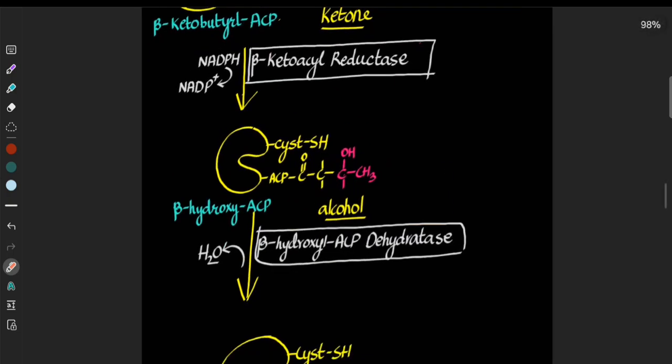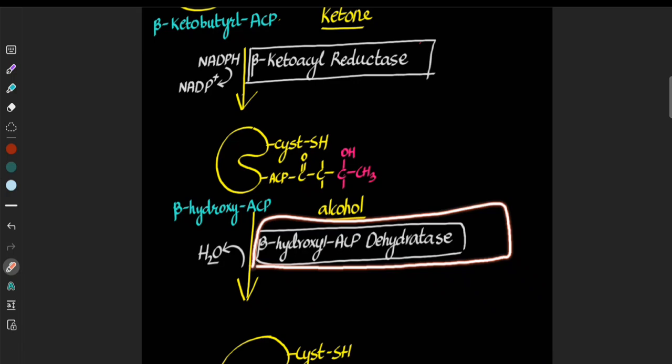So now after the alcohol has been made, it will undergo a dehydration reaction. The enzyme responsible for removing a water molecule is beta hydroxyl ACP dehydratase. So dehydration will take place, that means removal of one molecule of water, right?